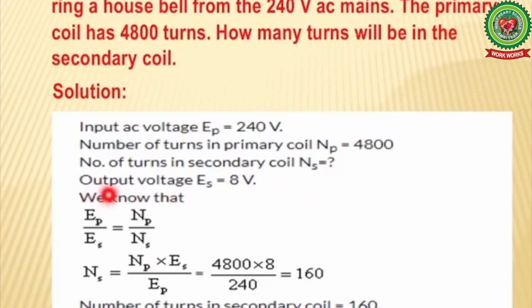And the output voltage which is given is 8 volt. Now the formula is Ep upon Es is equal to Np upon Ns. So Ns is equal to Np into Es over Ep. Let's fill the values. Ns is equal to 4800 into 8 over 240. By solving this, we get Ns is equal to 160. So the number of turns in secondary coil is equal to 160.